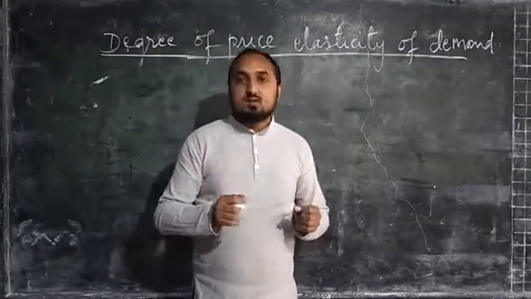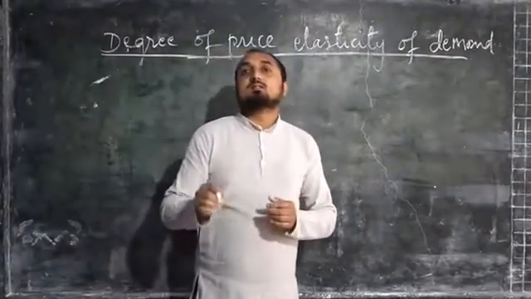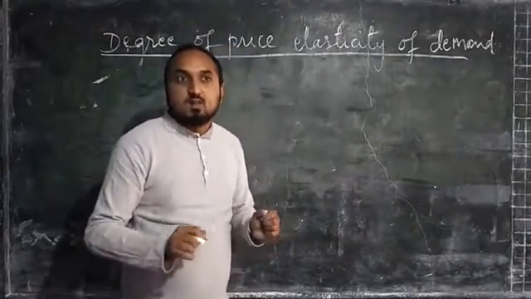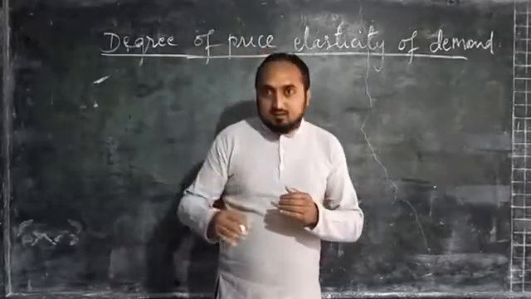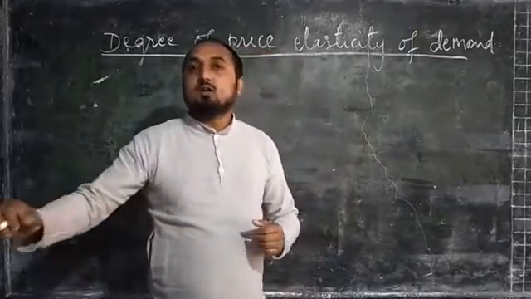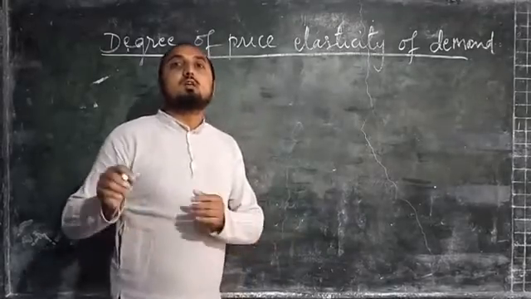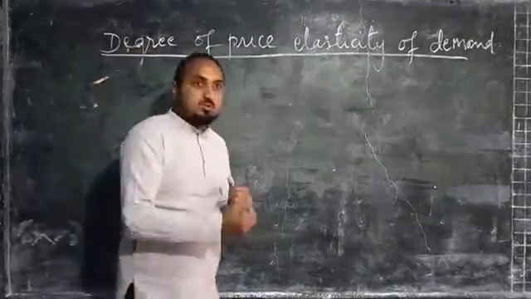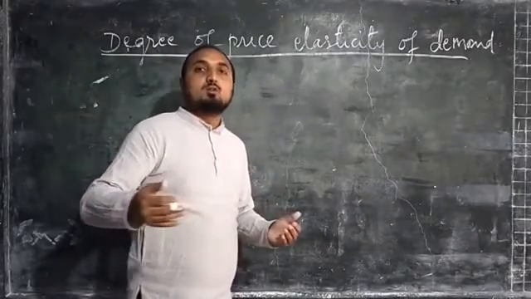So economists express the value of price elasticity of demand in numerical terms. That means the value of price elasticity of demand lies between 0 to infinity. So it ranges from 0 to infinity. It may take the value 0, it may take the value 1, 2, 3 and so on.